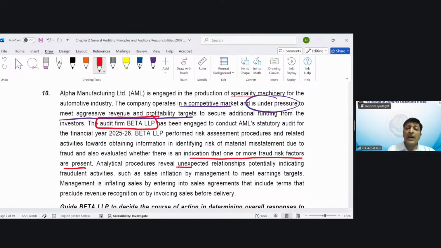They revealed unexpected relationships potentially indicating fraudulent activities, such as sales being inflated to meet the earning targets. Management is inflating sales by entering into sales agreements that include terms that preclude revenue recognition or by invoicing sales before delivery.